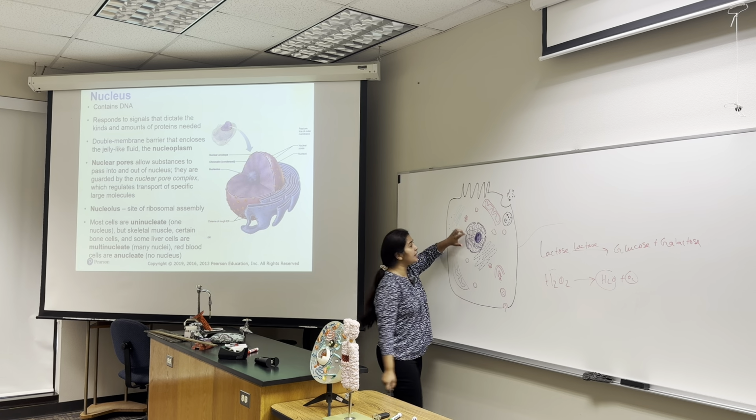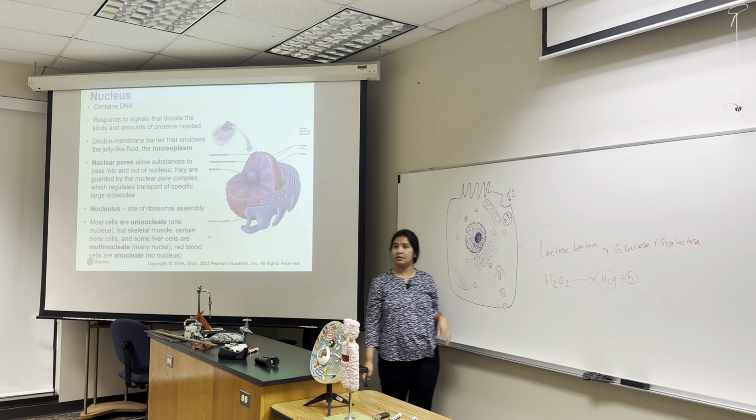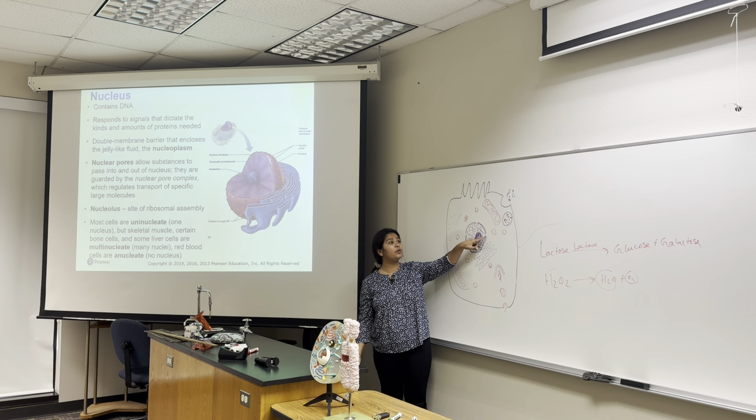Okay, so this is the nucleus, which I already talked about, but the nucleus has some structure. In the nucleus you have the nucleolus, the chromatin, and the nuclear membrane. In the nuclear membrane you see the nuclear pore. Why do they have nuclear pores? So that when you are making RNA from DNA, the RNA can go out of the nucleus.